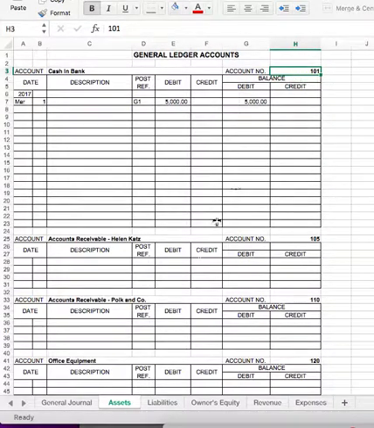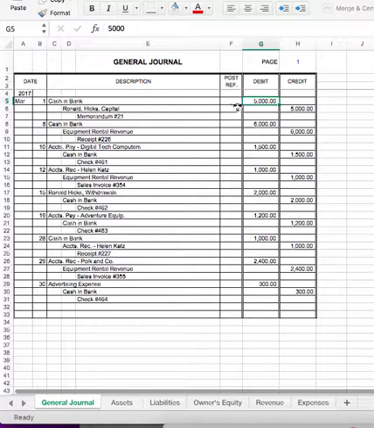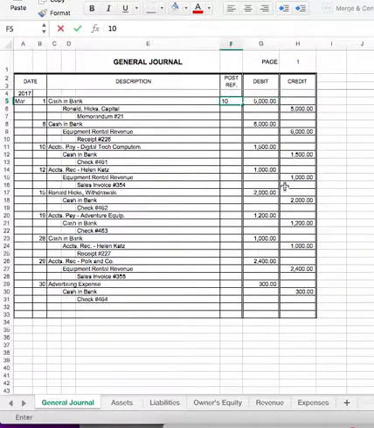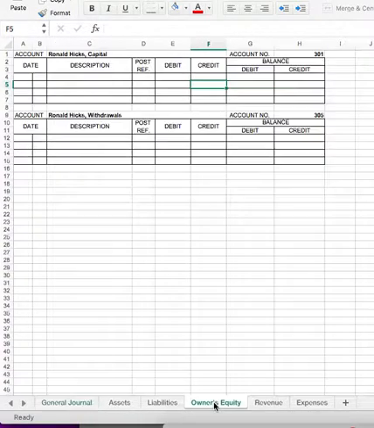Okay, so now we have the account number 101. So we're going to go back to General Journal and we're going to put a 101. This means that we posted this $5,000 debit to cash and bank in account 101. Ronald Hicks Capital had a credit of $5,000, so we're going to go to owner's equity. We're going to record 2017, March 1st.